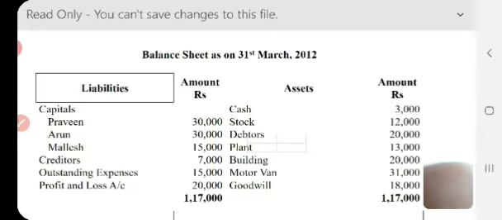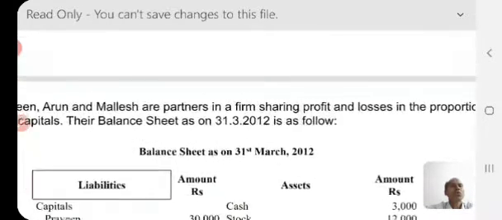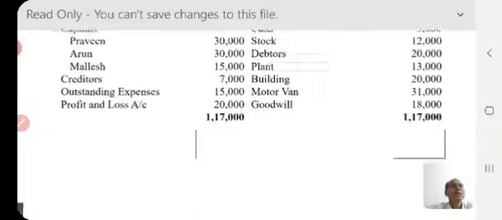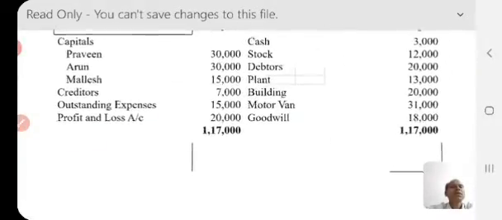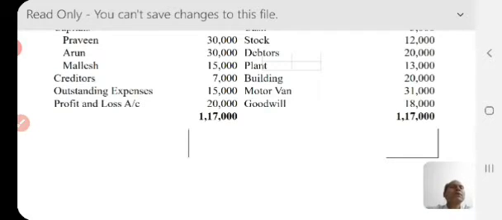Now, the profit and losses sharing ratio is as per the capitals ratio. So, see what are the capitals? Praveen 30,000, Arun 30,000, and Mallesh 15,000.